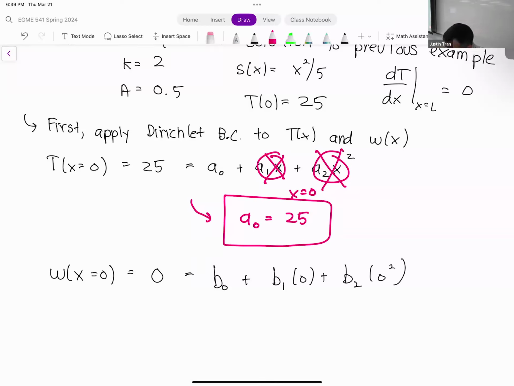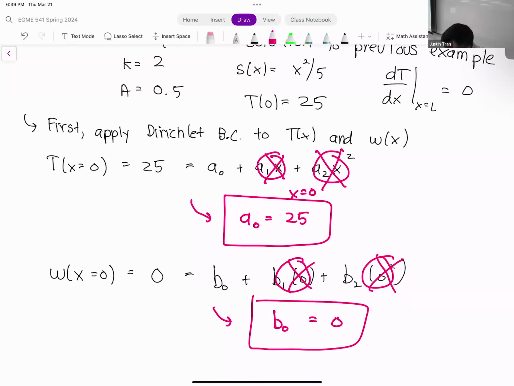Once again, all the terms multiplied by 0 cancel out, and what we get is b0 is equal to 0.